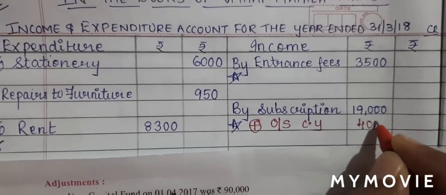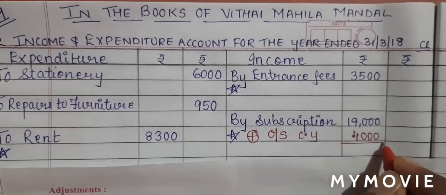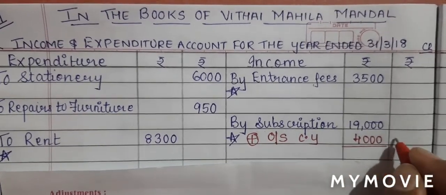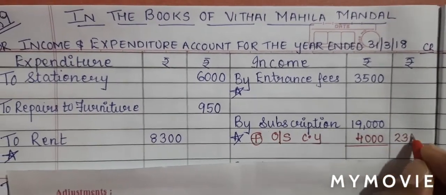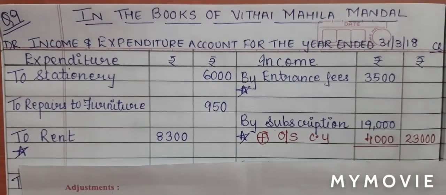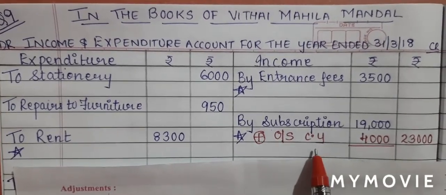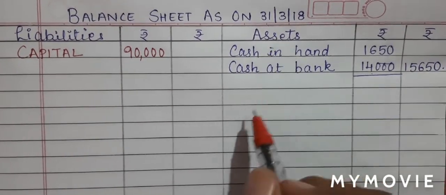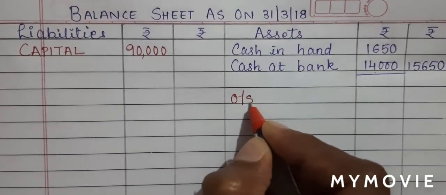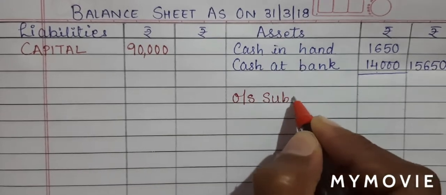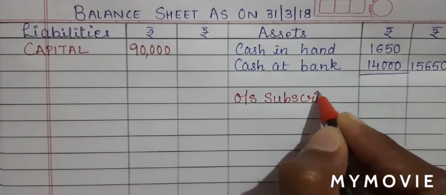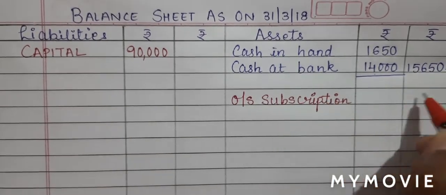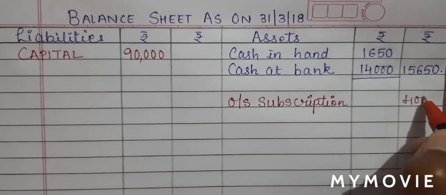So I'll add 4,000 rupees. 19,000 plus 4,000 will give me 23,000 in the outer column. This is my first effect for subscription. Second effect will be on the asset side. I'll write outstanding subscription since it's an outstanding income. So outstanding subscription in the outer column 4,000 rupees.